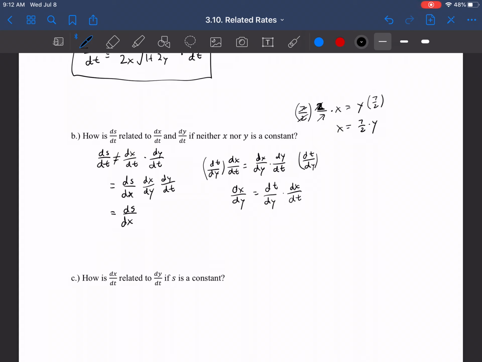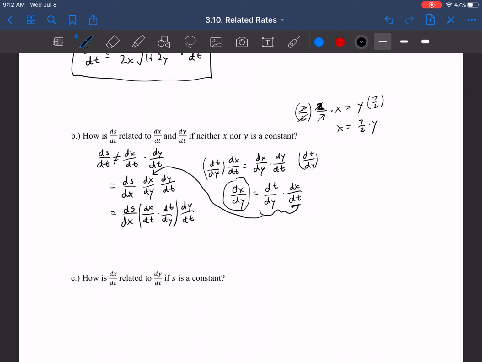Here's now where I'm going to do the substitution. This equals this, which I'm going to plug right into there. So we'll put dx/dt first, times dt/dy, times dy/dt.